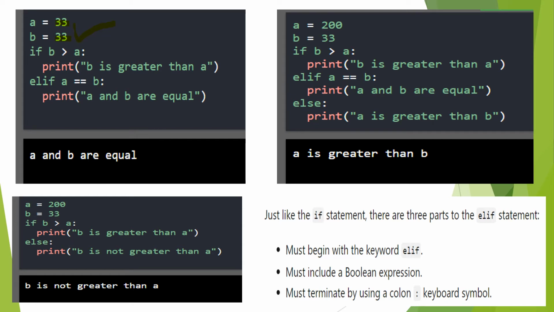So the first condition is not true. It says B greater than A, so it's not true. But the elif condition, A equals B, obviously it's true. So we printed on the screen, A and B are equal.